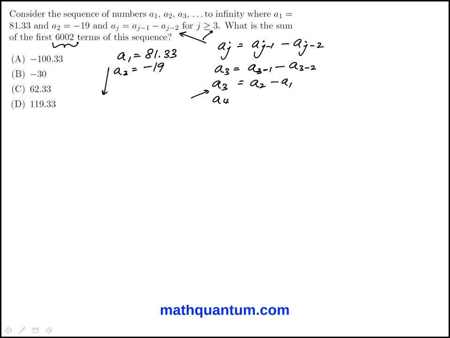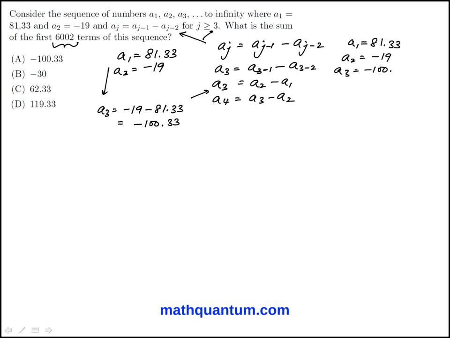And if you keep doing this, you'll see a4 is a3 minus a2, so the difference of the prior two terms. So that means that a3 would be a2 minus a1, which would be minus 19 minus 81.33, which is minus 100.33. So I'll write down my sequence, my terms here, so I can see what the pattern is.